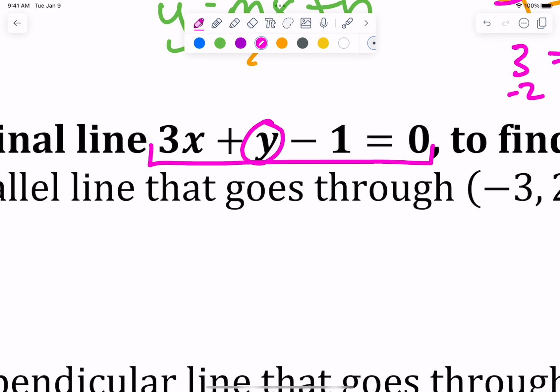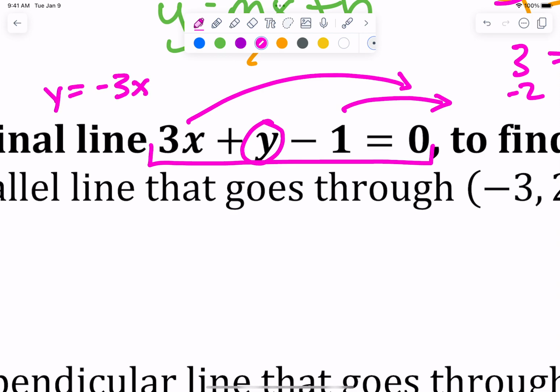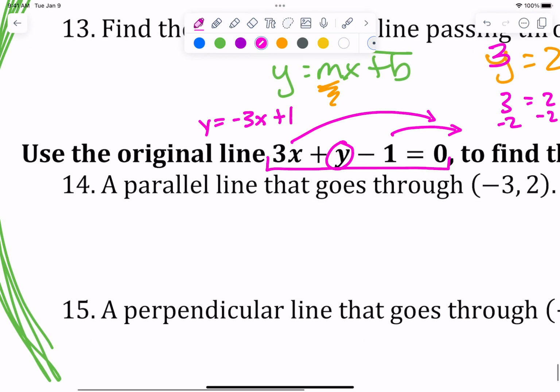If I get y by itself and kick these to the other side, y equals negative 3x plus 1. So if my line is parallel, what slope do I need to use? Negative 3. If my line is perpendicular, what slope do I need to use? The negative reciprocal, so that is 1/3.